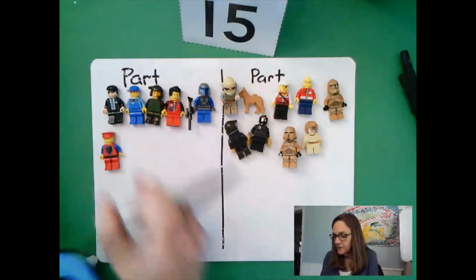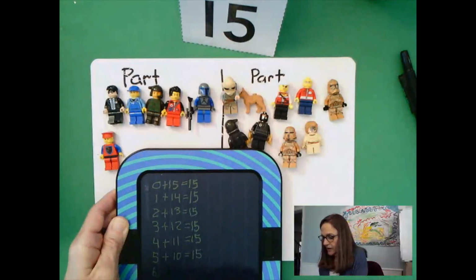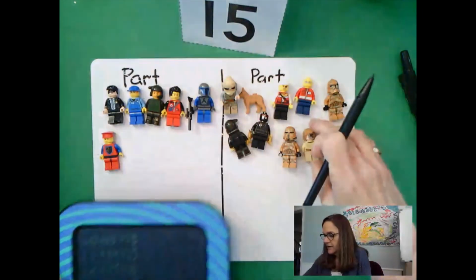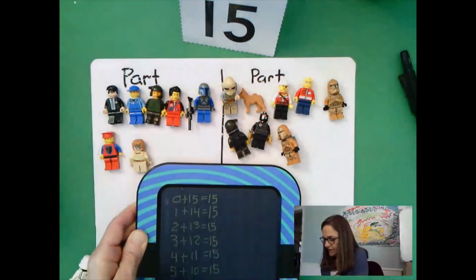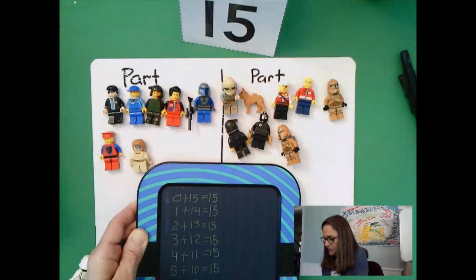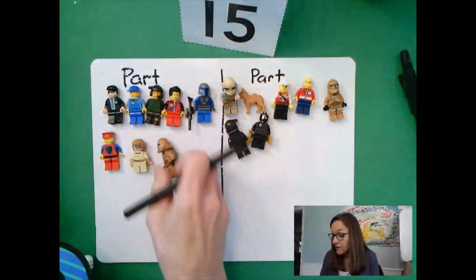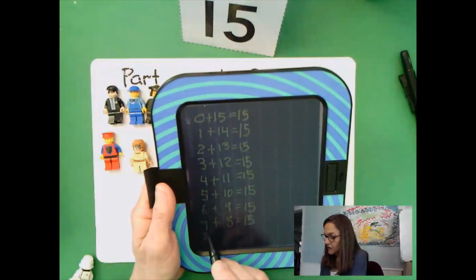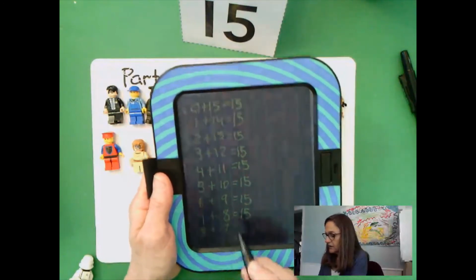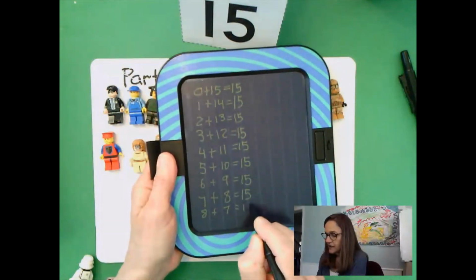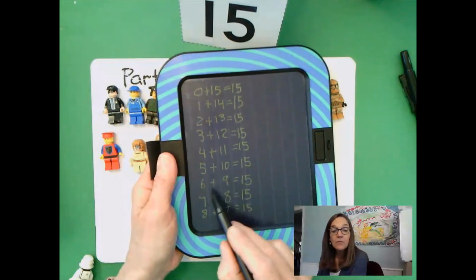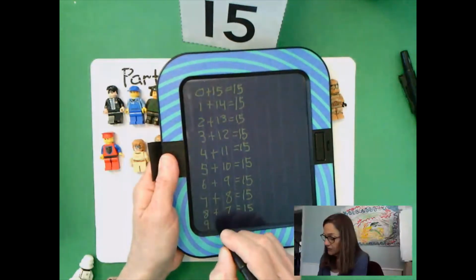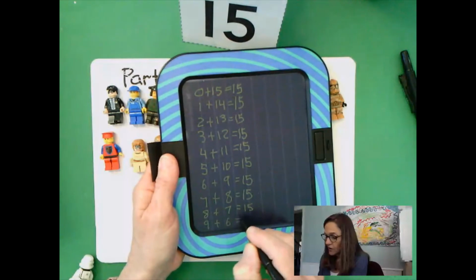And another, 6 plus 9 equals 15. 7 plus 8 equals 15. And then I'm going to start going the other way, writing the twins. 8 first plus 7 equals 15. And then 9 plus 6 equals 15, and so on.